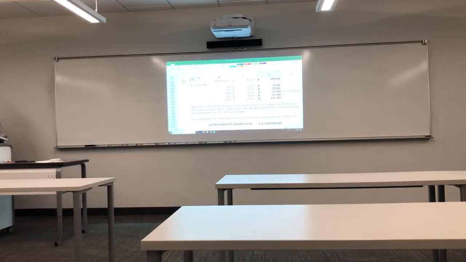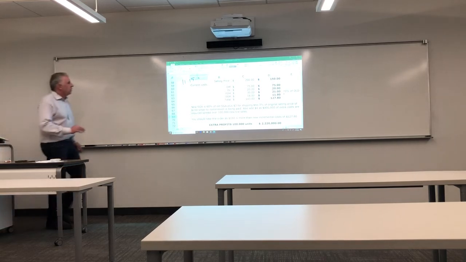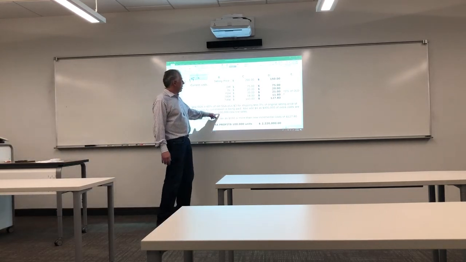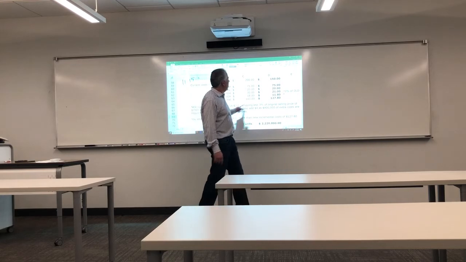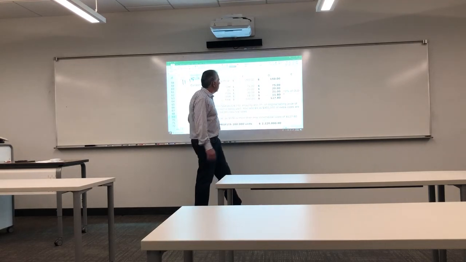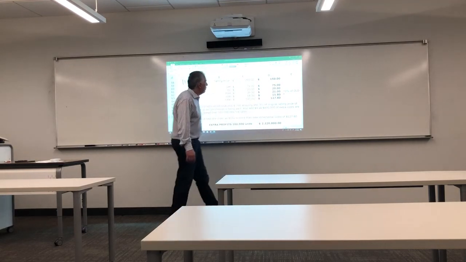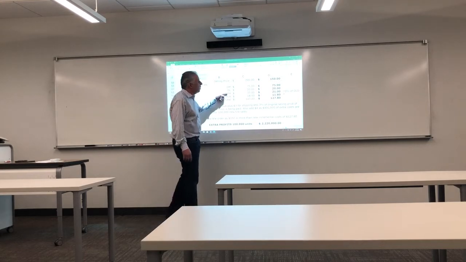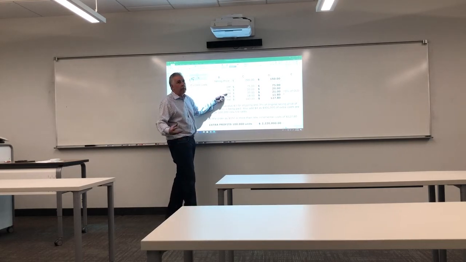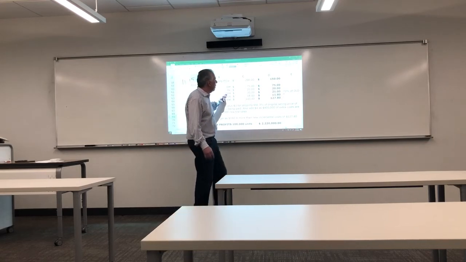I'll fix that. For every one of the 100,000 new tires that you're selling, there's $75 of material, $20 of labor installed. We don't need to buy more equipment, so we don't have to increase that fixed component.